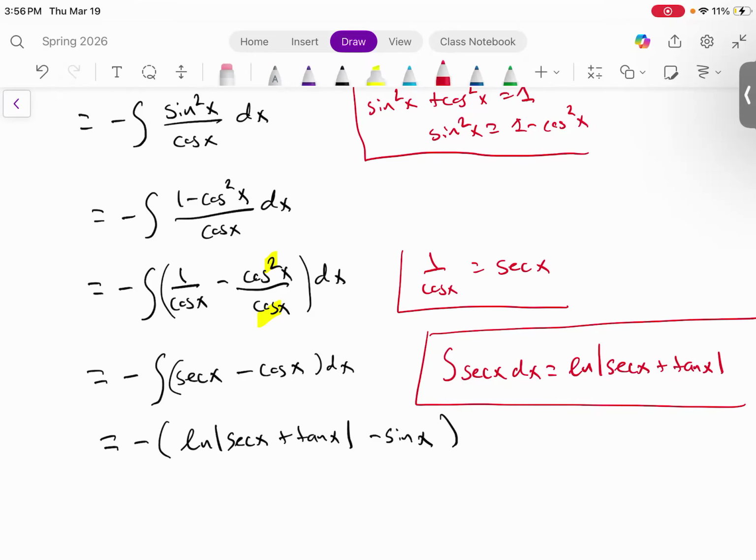Okay, last thing we want to do is distribute in the negative. And so we end up with negative natural log, absolute value, secant x plus tangent x, absolute value, plus sine x. And this is u1.